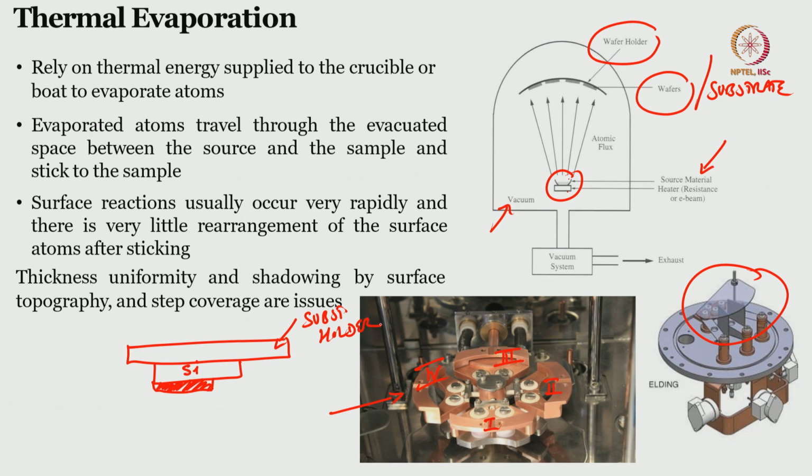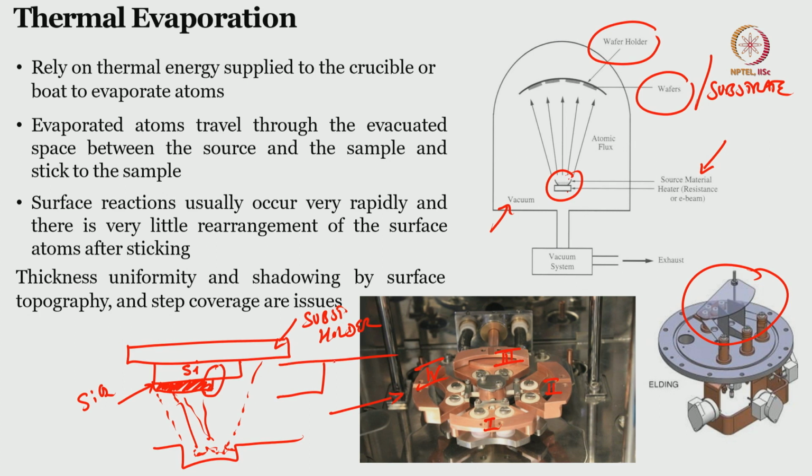Now, let us say this is your silicon dioxide, for example. You want to deposit metal everywhere. So, you have a boat with some material and you evaporate it. It starts evaporating like this, everywhere. If I zoom into only this area, it is like a step.